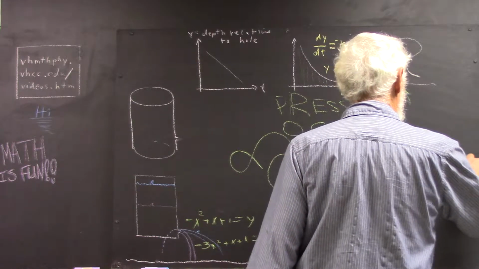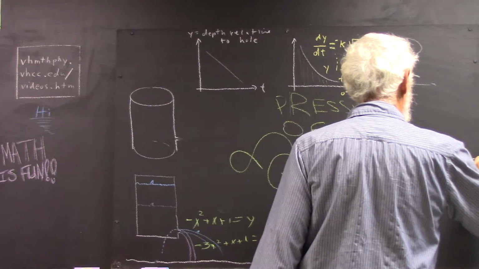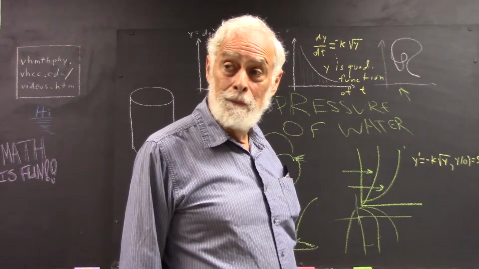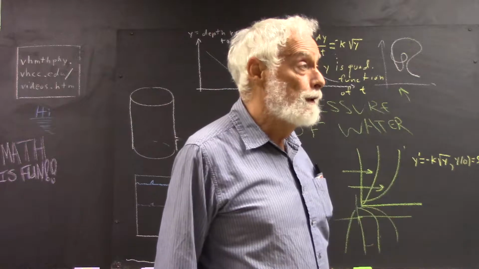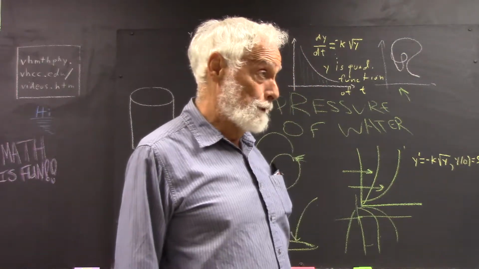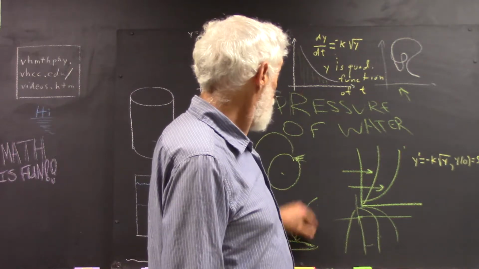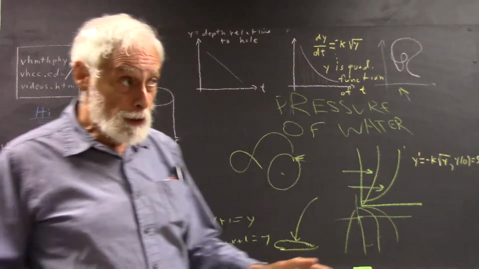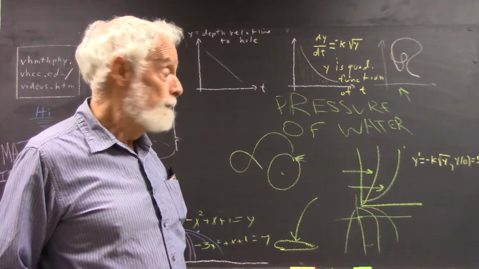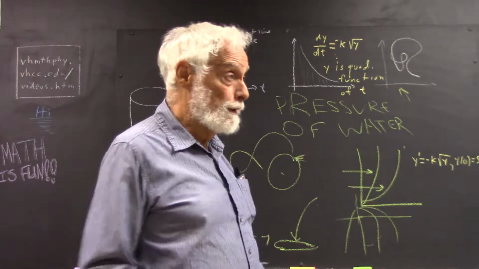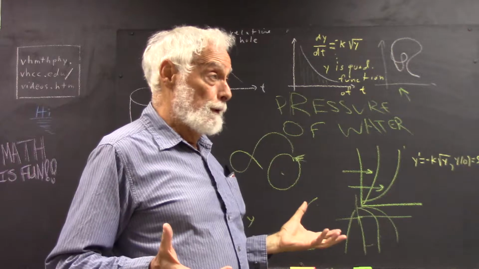Y of 0 equals 50. and hit the enter key, and it's going to solve it for you and give you that quadratic. Okay? And by the time you reach the end of a good calculus course, you'd be able to fill in all the blanks of this and understand completely what's going on.